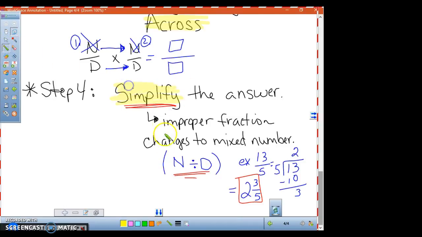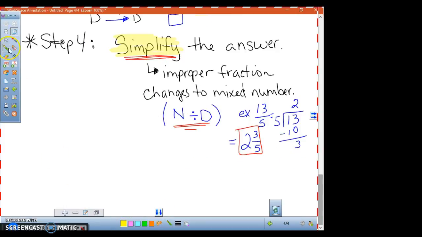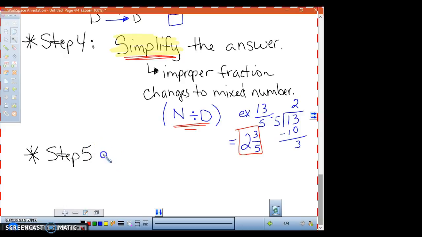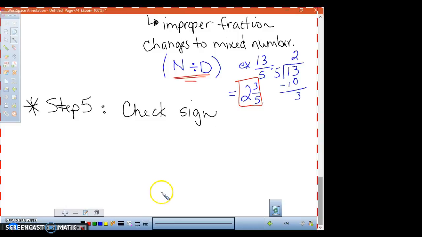Now, because we're accelerated and we're looking at positive and negative mixed numbers, we need a 5th step. You need to check your sign.